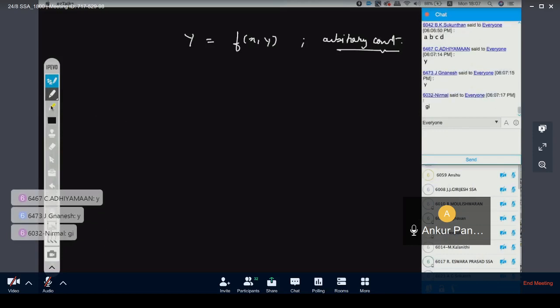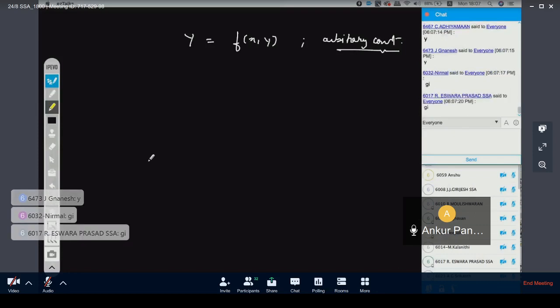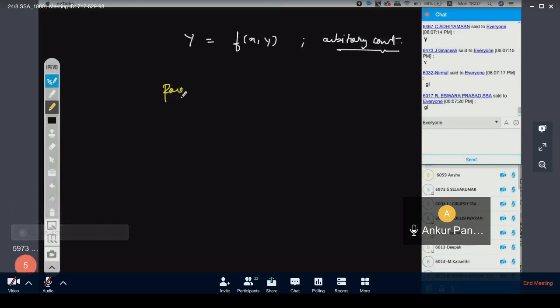Like if I ask you, what is the differential equation of parabolas whose axis is parallel to y-axis?